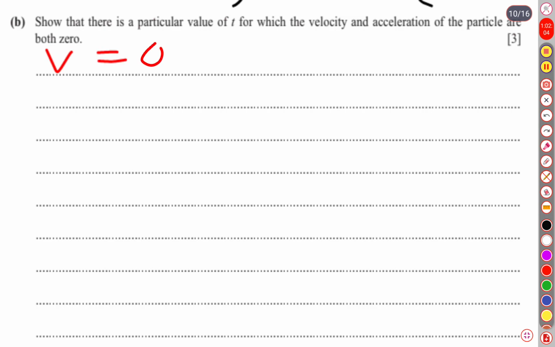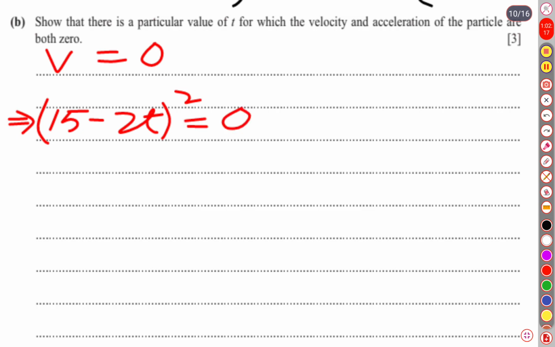So if v is equal to 0, our expression for velocity was what? (15 minus 2t) whole squared. (15 minus 2t) whole squared is equal to 0.